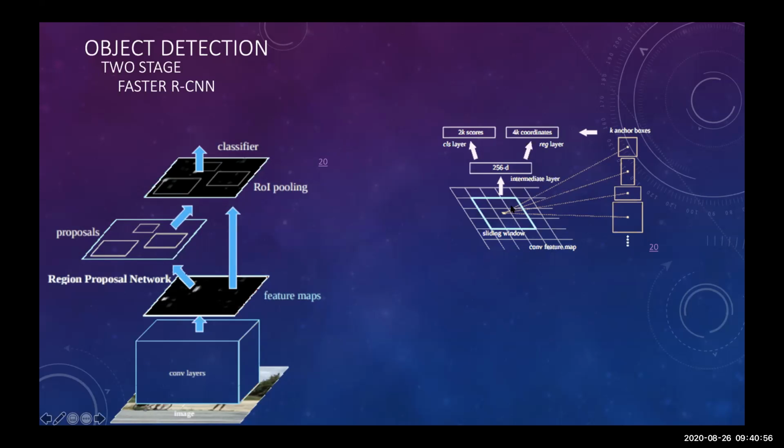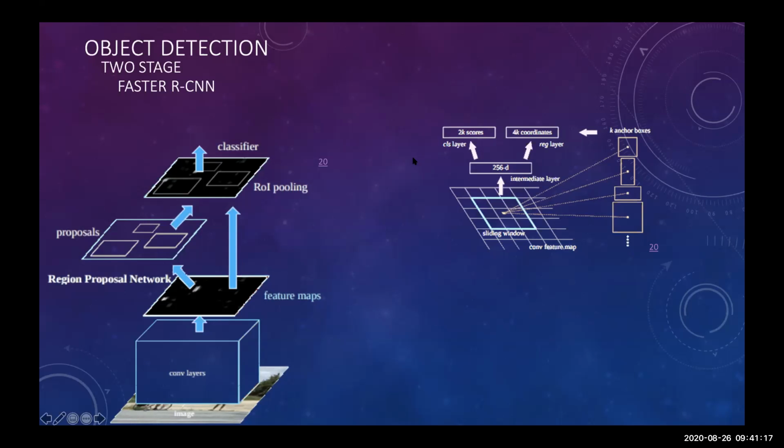Basically, you have a sliding window against the original image, and you have these candidate anchor boxes with different sizes and aspect ratios. Then it would learn whether these candidate boxes, based on this sliding window and the weights that are applied, are good candidate boxes.